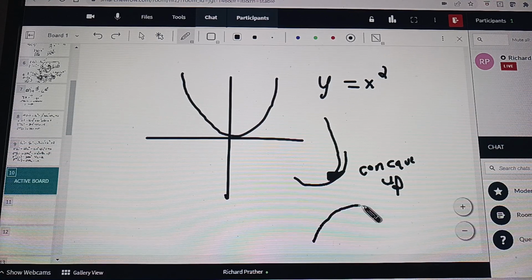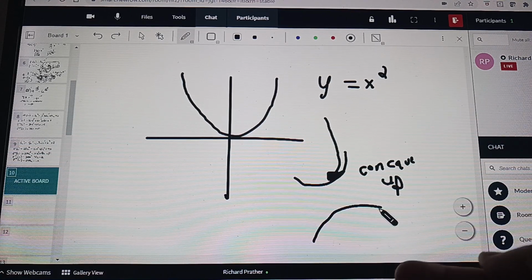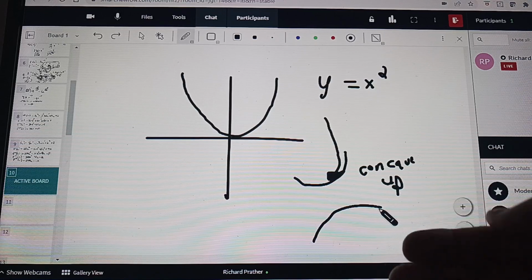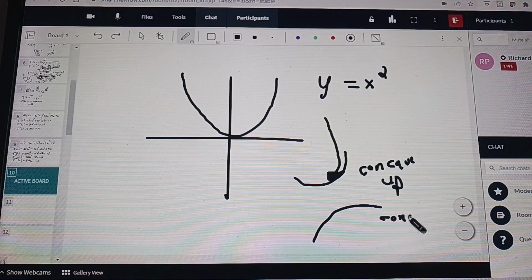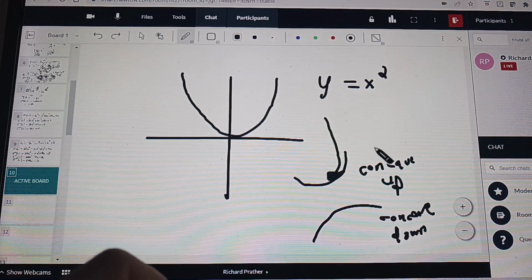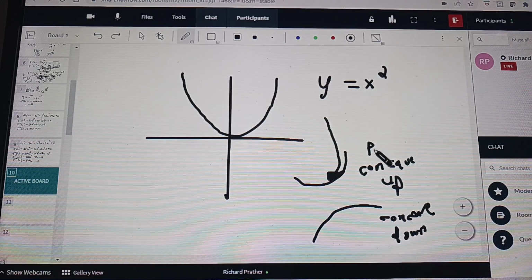But when you bend the other way, then if you took your rain in a cup like that and turned it upside down, you go from this to that. That's called concave down. Now whatever you're holding is going to fall down. Concave up, concave down. This is what happens when a second derivative is positive or negative. You're concave up or concave down.